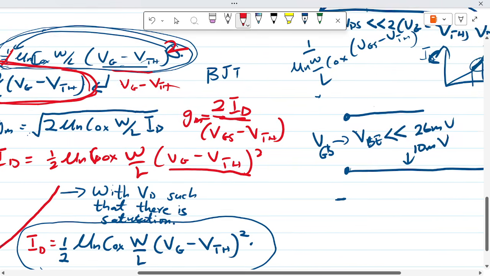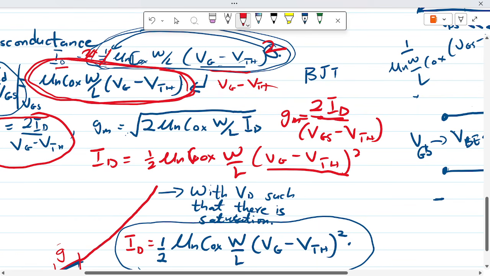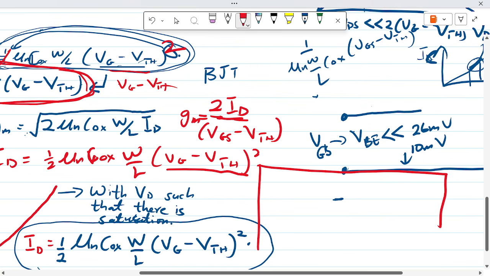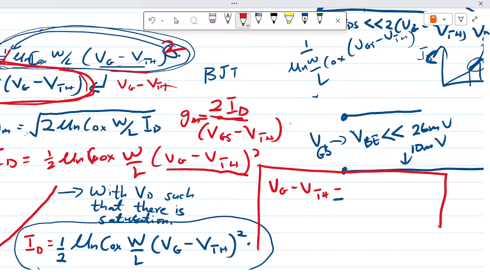I would end up getting the overdrive voltage VGS minus VTH being equal to the square root of 2ID all divided by mu n Cox W/L.